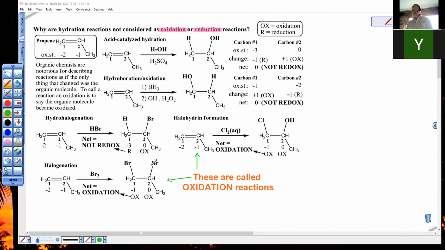Okay, at the top of the page, all the reactions up here and here, they're not considered redox, even though I discuss redox for all of them. So let me remind you that an atom becomes reduced if electrons move closer to it.